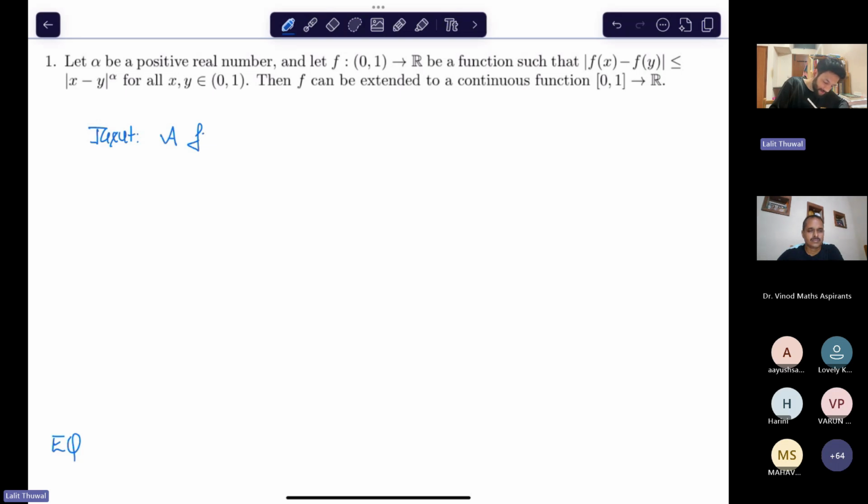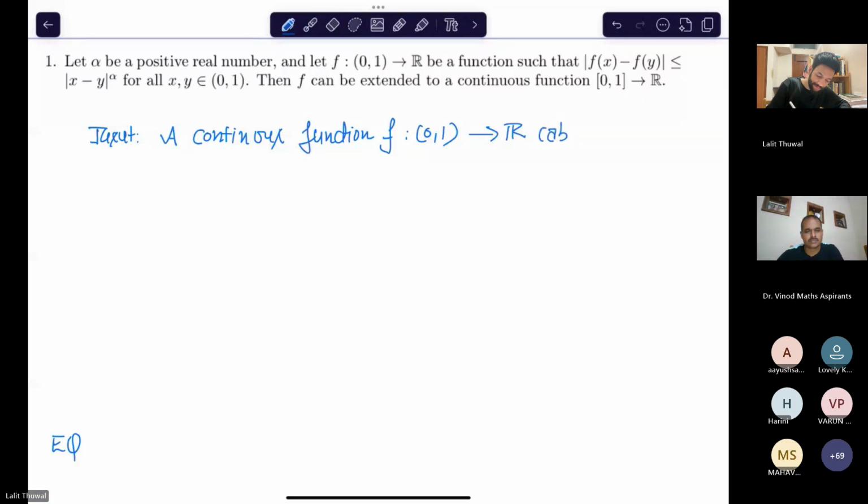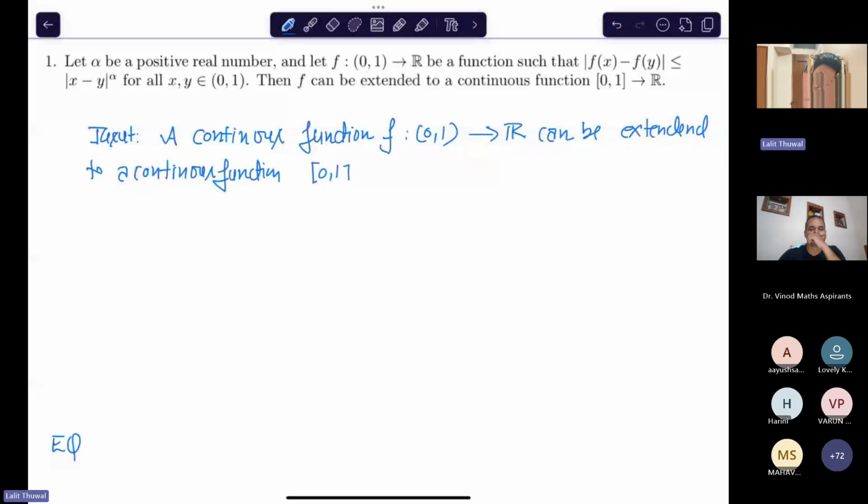A continuous function f from (0, 1) to R can be extended to a continuous function from the closed interval [0, 1] to R if and only if it is UC, where UC means uniformly continuous, on the open interval (0, 1).